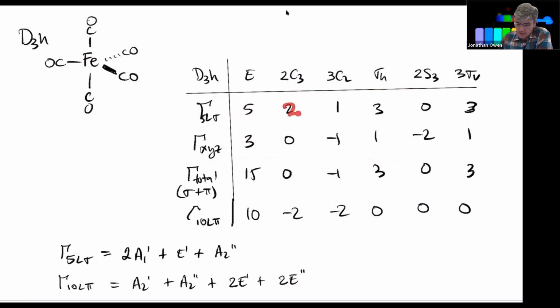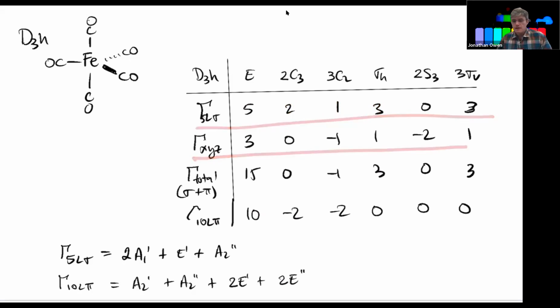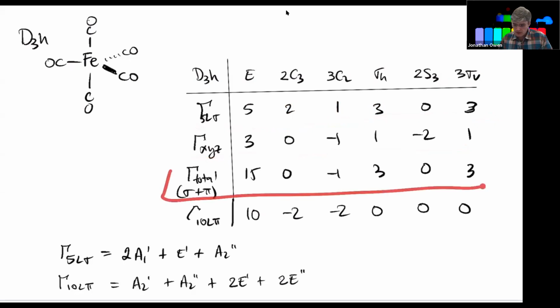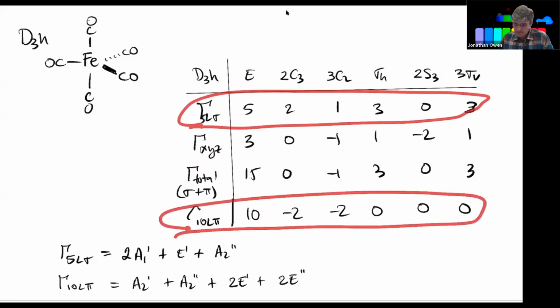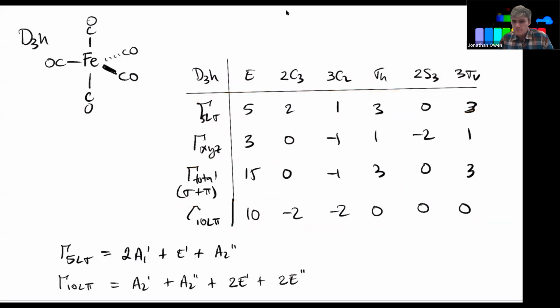Well, only 3 move because 2 are on the C3 axis. 1 carbon monoxide per perpendicular C2 axis. There's 3 carbon monoxides in the sigma h plane, et cetera. So you can do this by inspection. You can look this xyz up in the table. You do the product to get the sum of sigma and pi, and then you subtract the 5 ligand sigma, and it gives you the pi. Okay?